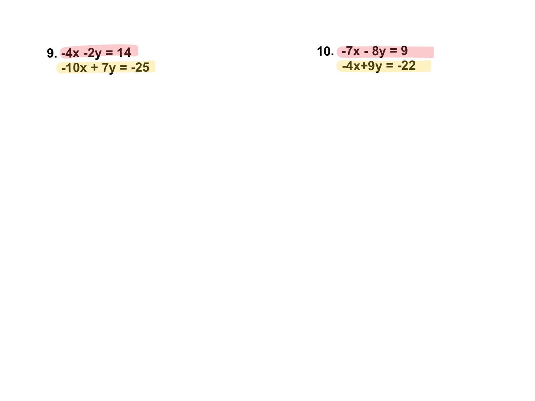So our goal, let's get rid of or eliminate y for 9. And our goal will be to eliminate x for number 10. So go ahead, pause the video, try those two problems, work them out, and then come back and check with me when you think you got your answer.